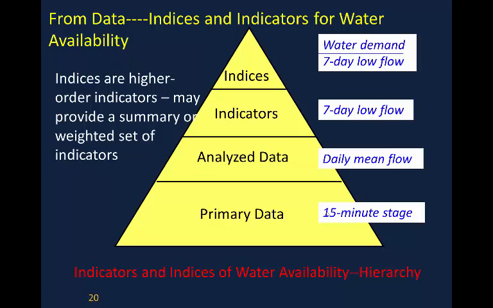If I analyzed the statistics, with a lot of data over time at a particular location, I can say statistically what is the 7-day low flow, or what are the lowest 7 days that I could expect at some frequency. Say every 10 years, what would be the lowest flow for a 7-day continual period.